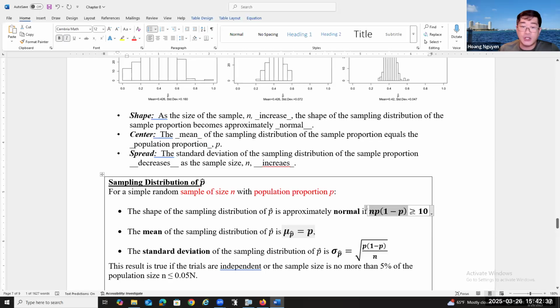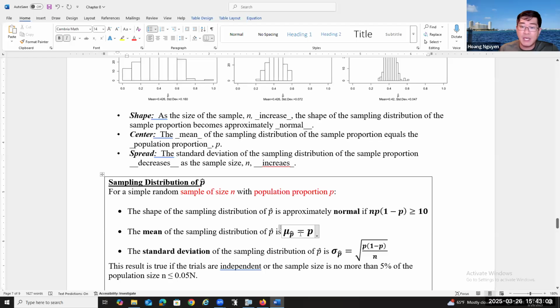So if this condition is true, then we can say that the sampling distribution of the sample proportion will be approximately normal. So whenever we have a normal distribution, then we need to know the mean, right? What's going to be the mean of the sampling distribution for the sample proportion? The mean of the sampling distribution of p hat is equal to the population proportion p.